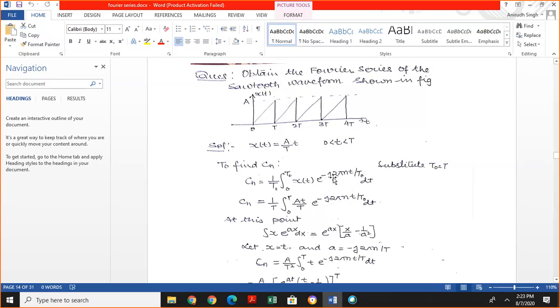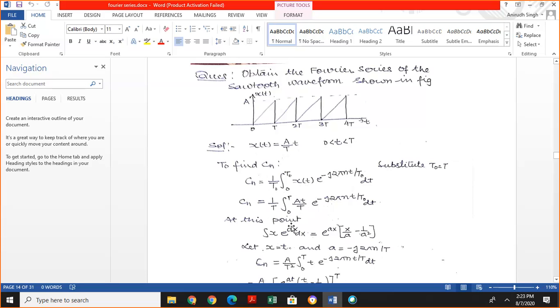Substitute the value of x of t, which is equal to A t divided by capital T.